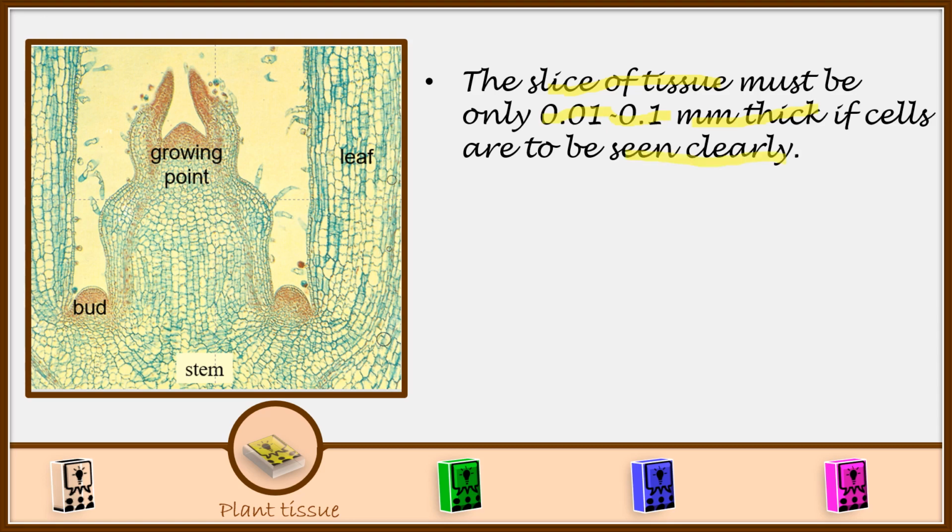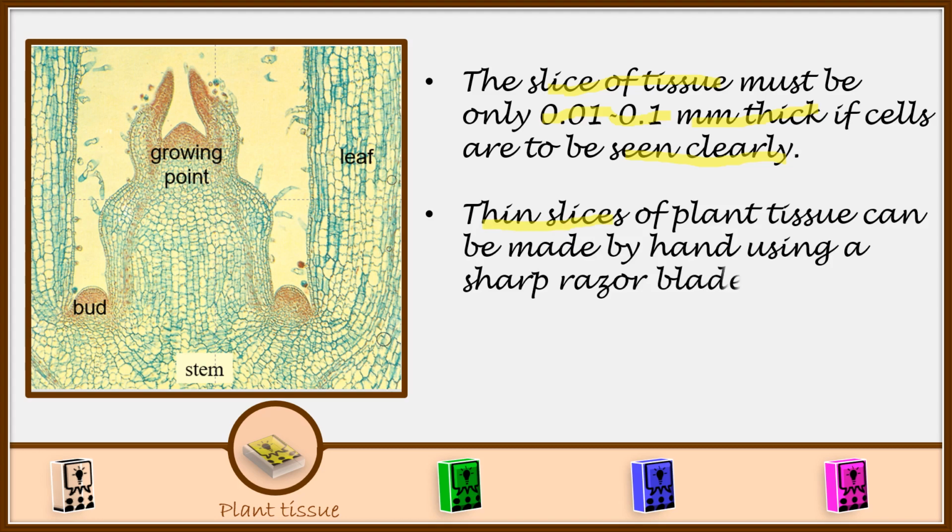So when we are slicing the tissue, for us to be able to see those cells clearly, we should make sure that the thickness of the tissue is between 0.01 to 0.1 millimeters. That is when we can see clearly the content of the tissue.